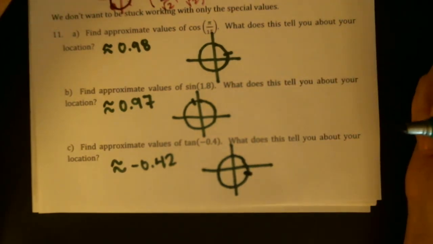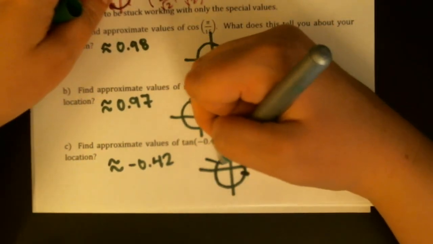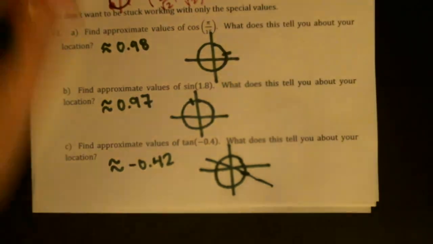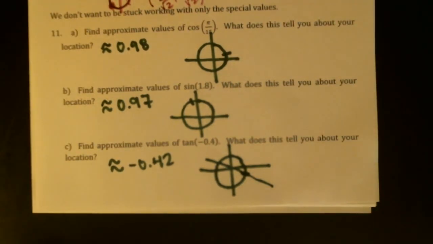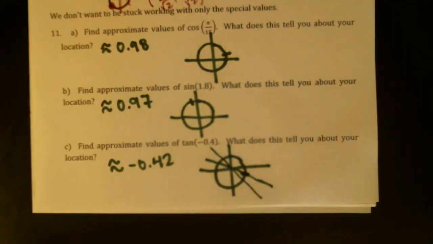So we're a little bit below the x-axis in quadrant 4. Tangent gives you slope. So this calculator is claiming that the slope of that line is about negative 0.42. That seems reasonable to me. Right smack in the middle of the quadrant would be a slope of negative 1. This is definitely looking shallower than that, so a negative 1/2-ish, and negative 0.4 definitely seems like it's in the ballpark of that.